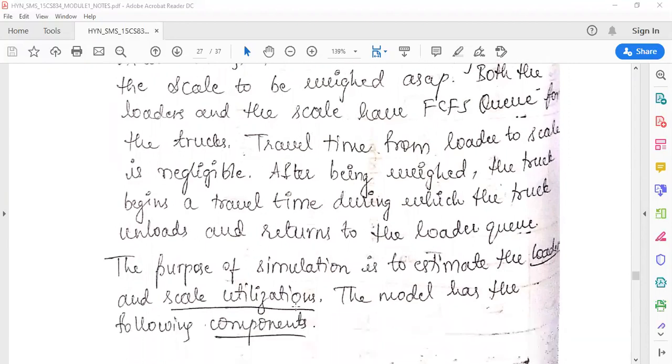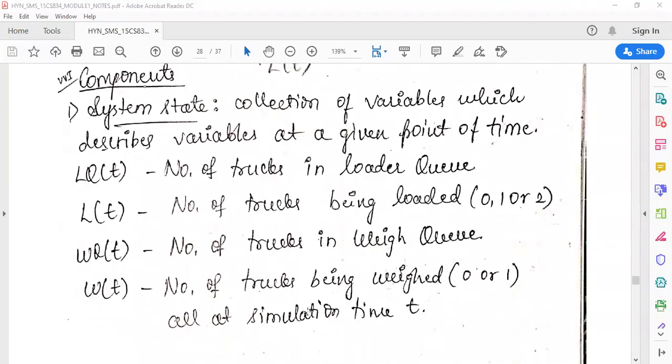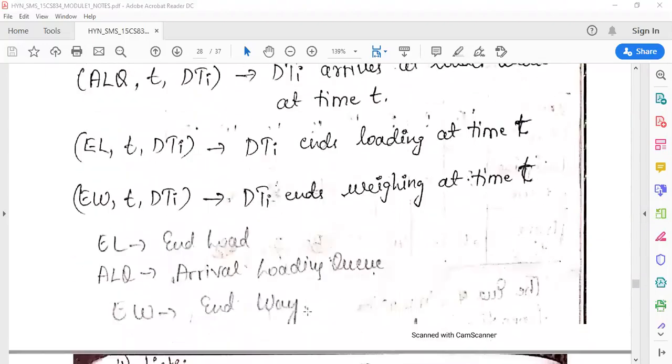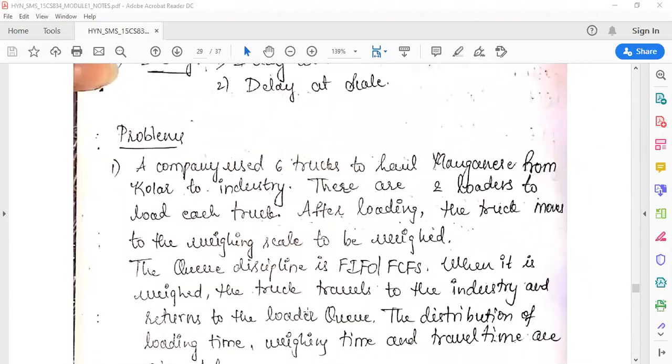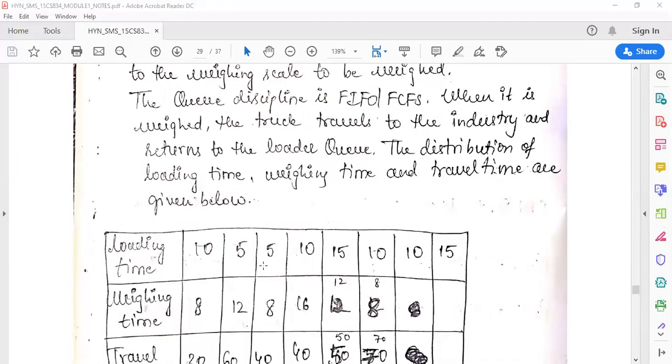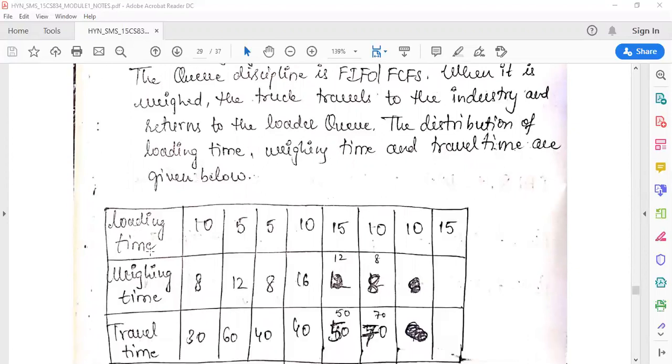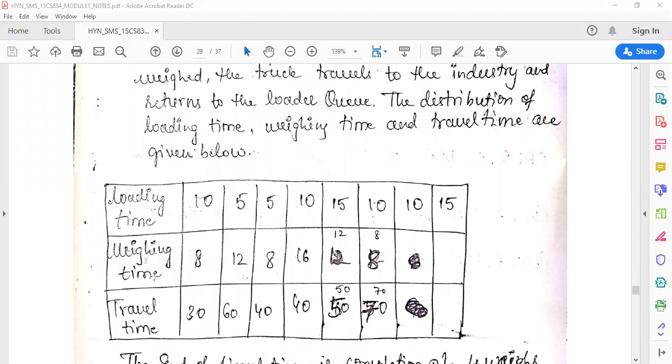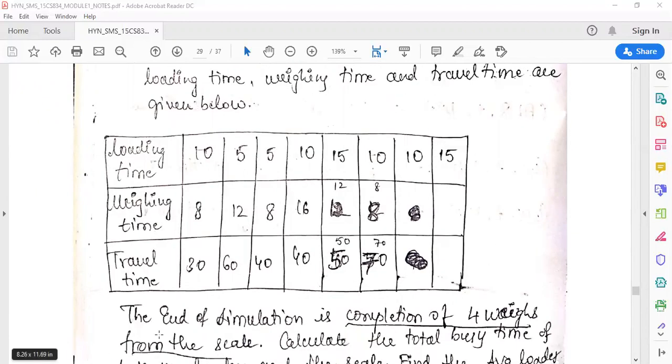The purpose of the simulation is to estimate the loader and scale utilization. So in order to find the utilization of the loader and the weigh scale, we are doing this problem. They will give you the distributions of the loading time, weighing time, and travel time below.